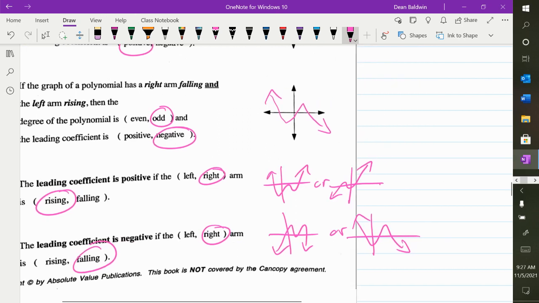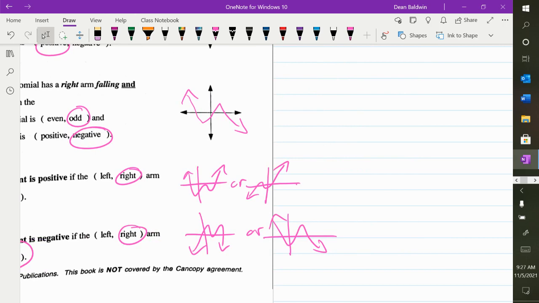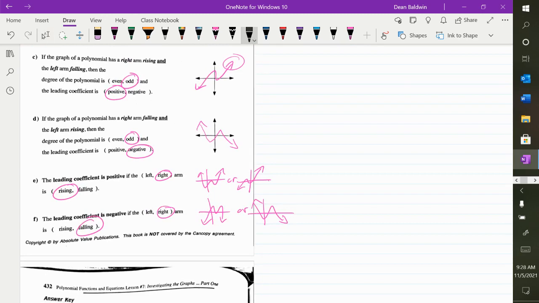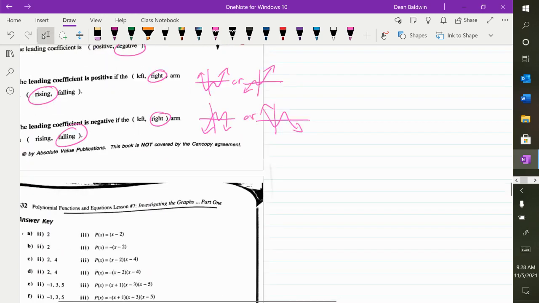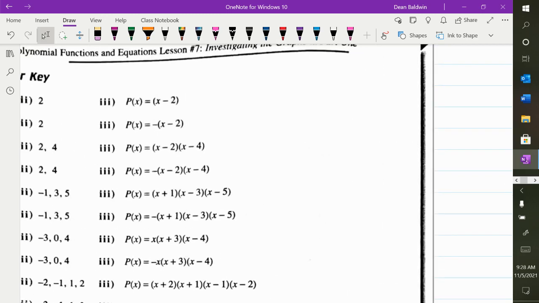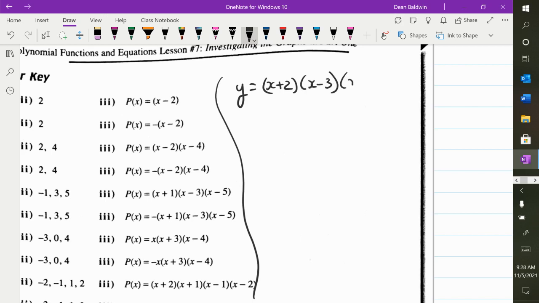All right. So theoretically, what we could do, and by theoretical, I mean you should know how to do this. Write it on the answer sheet. So if I gave you this, x plus 2, x minus 3, x plus 5, and I said sketch that graph.